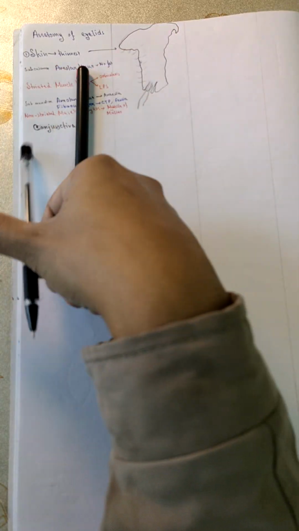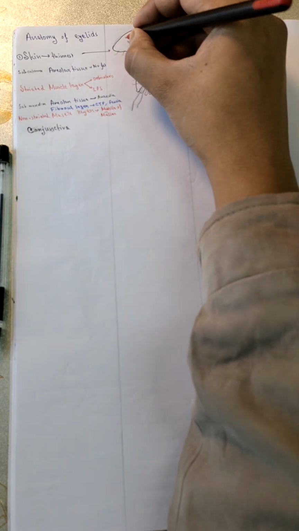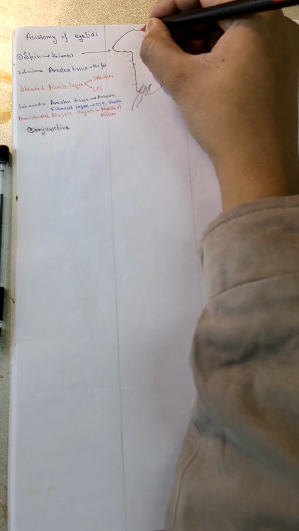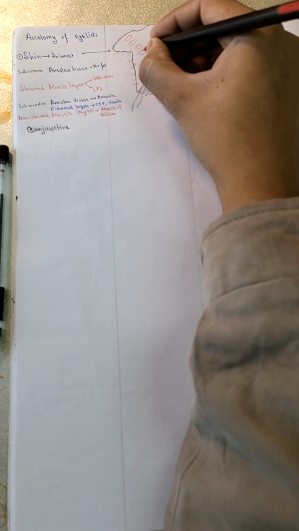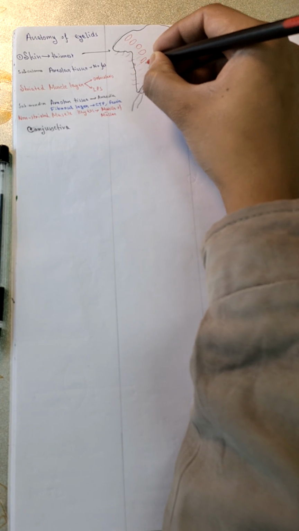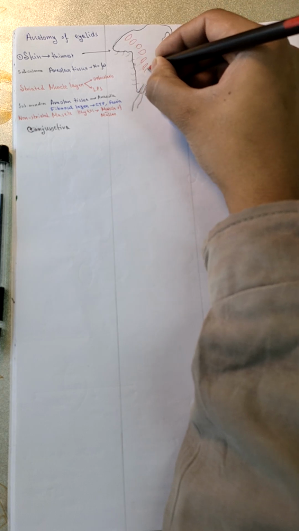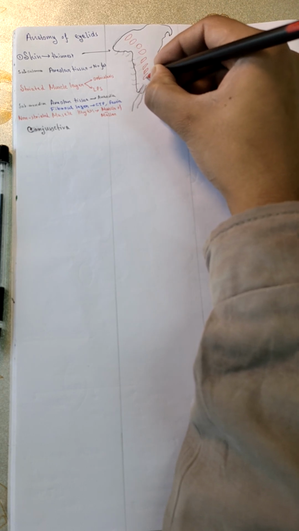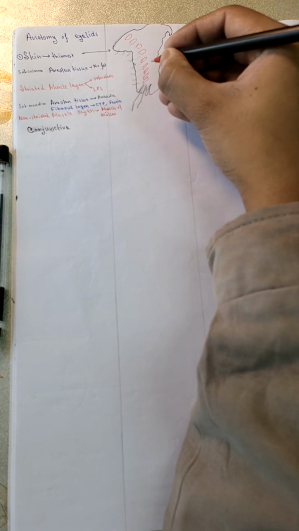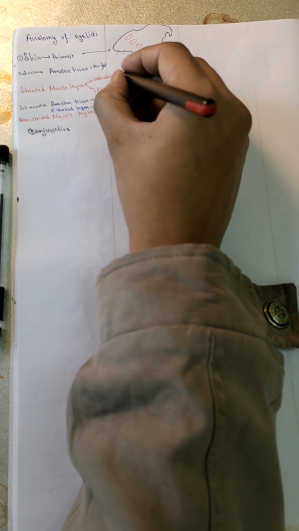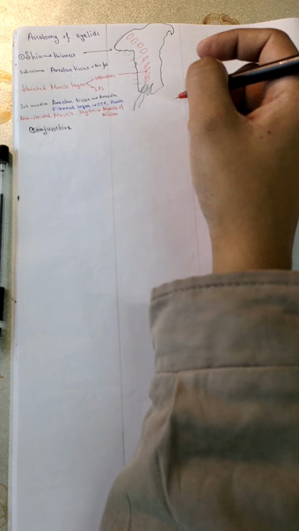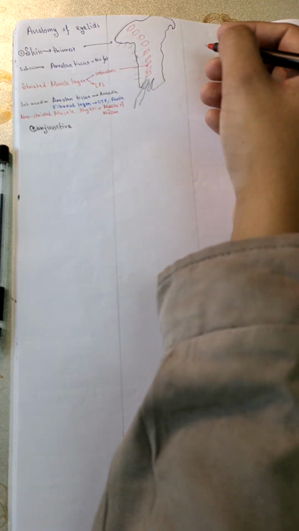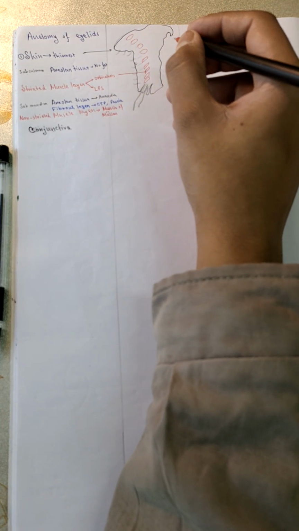Next, after that I have the orbicularis muscle. The orbicularis muscle layer will come like this. We'll talk about it in a little more detail.